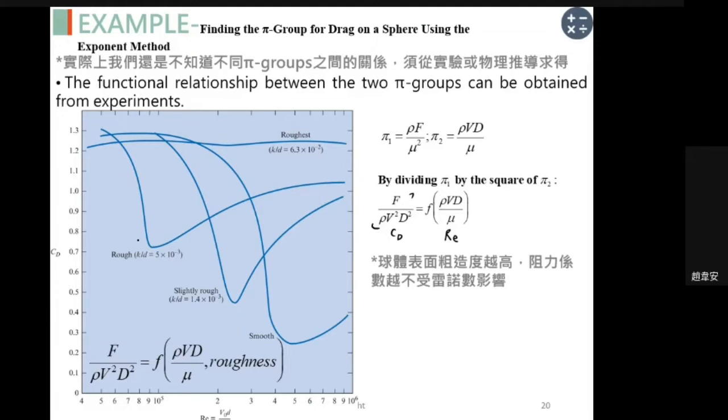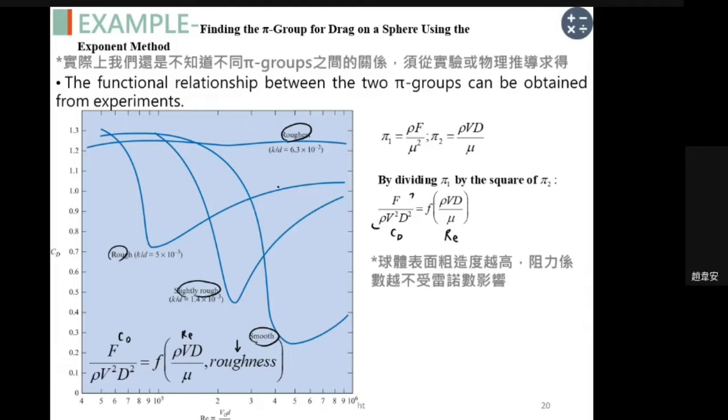They also find out the drag force coefficient is not only a function of the Reynolds number, but also of the roughness here. So you see that different roughness will have a different trend between the CD and the Reynolds number.